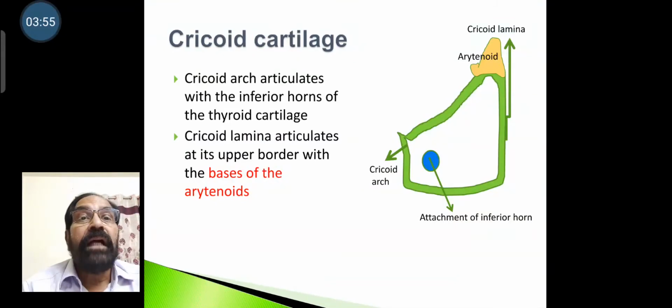Cricoid arch articulates with the inferior horns of thyroid cartilage as shown in the previous slide. Cricoid lamina, as shown in this slide, articulates at its upper border with the base of arytenoid.